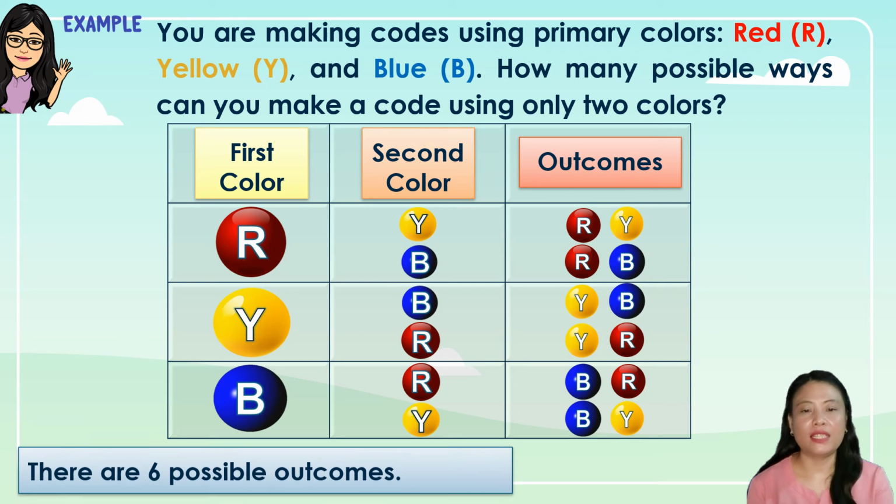Take note that since these are codes, RY is different from YR. Counting our outcomes, then you can see that there are 6 possible codes.